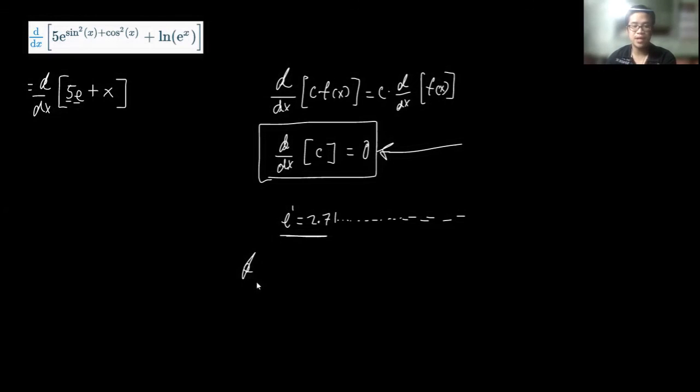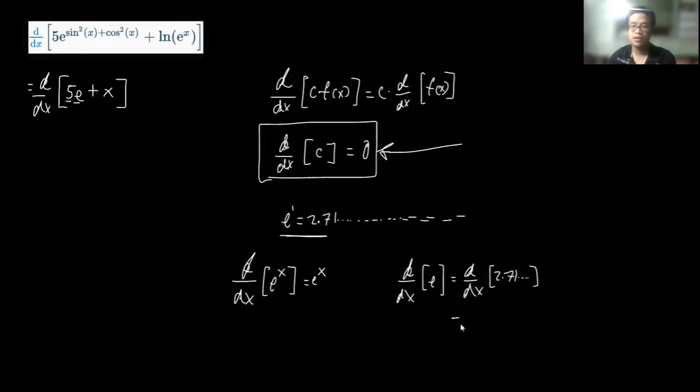Because if you're going to get the derivative of e raised to x, this is simply e raised to x. But if you get the derivative of e raised to 1, or e, it is just the same as getting the derivative of 2.71 and so on and so forth.